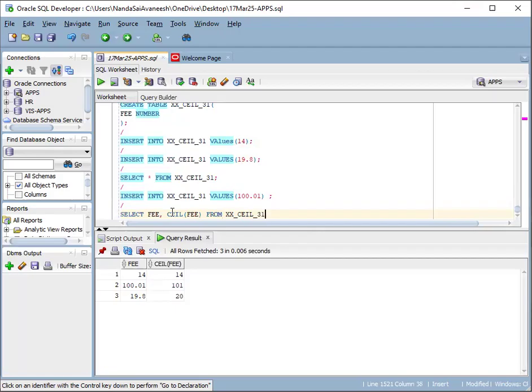Then you will get the difference. First record is 14, CEIL of fees is also 14. Second record is 100.01, CEIL of 100.01 is 101. Same here, fees 19.8, CEIL of fees, the next highest is 20.